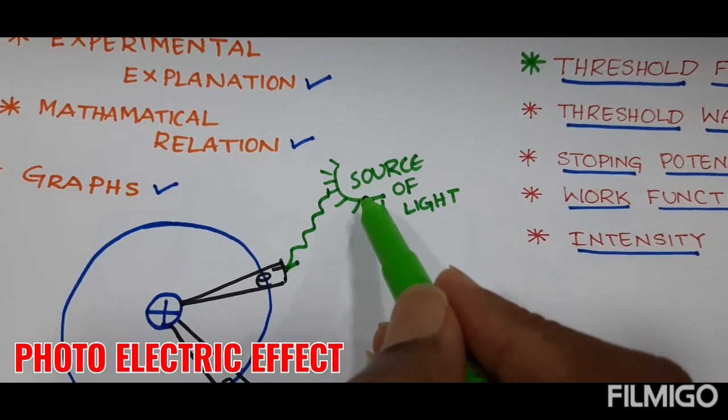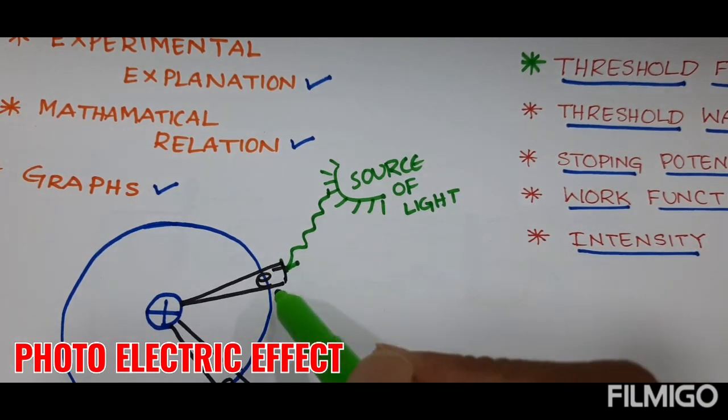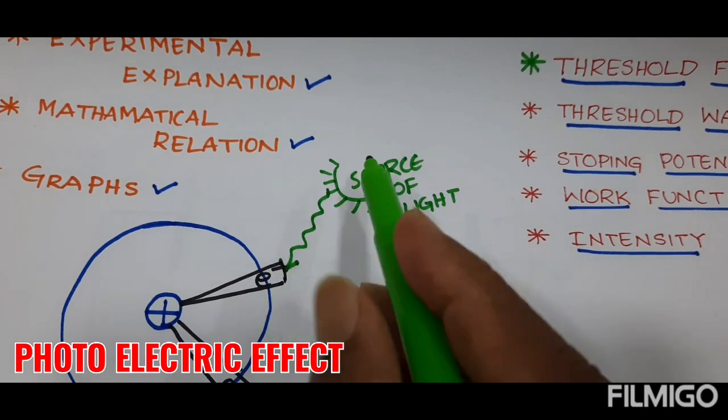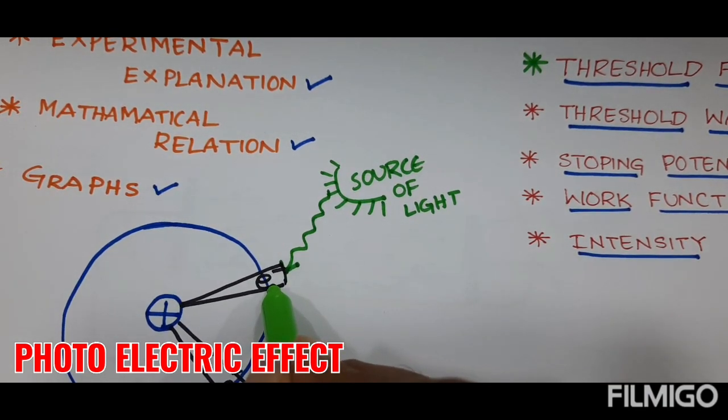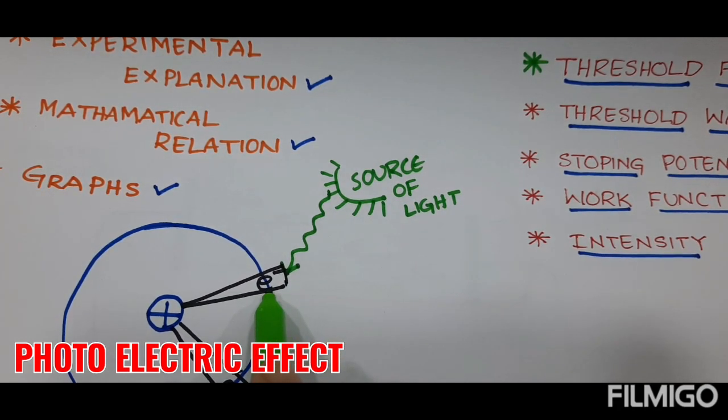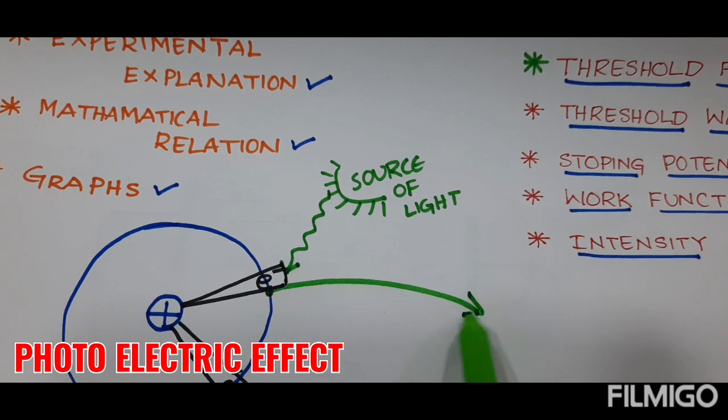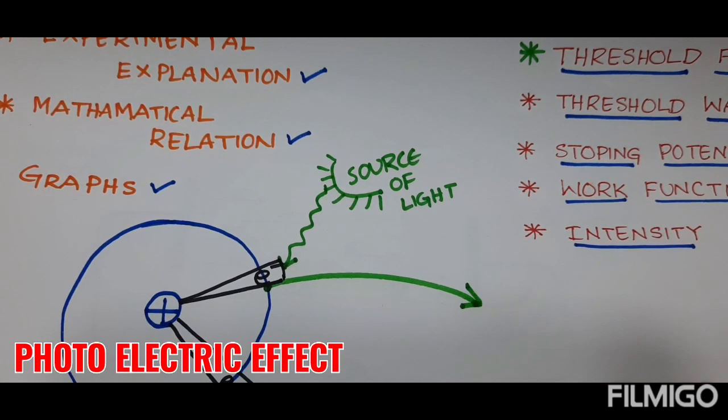Light from this source fell on this electron of the given atom. If this electron, after absorbing the energy, is excited away from the nuclear attraction, that phenomenon is called photoelectric effect.